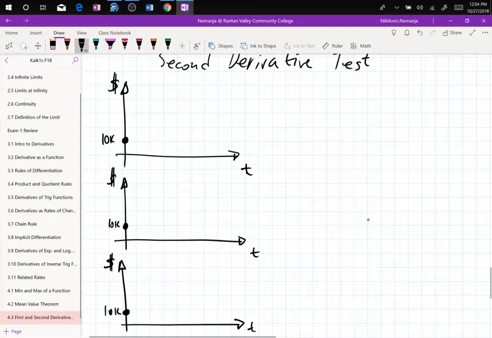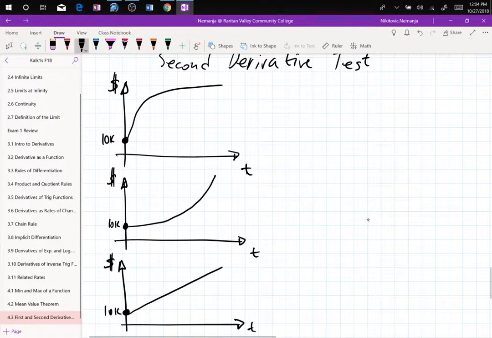So here we go. These are the 3 graphs. And now I want to ask you, as the time passes, which portfolio or portfolios made money in time?